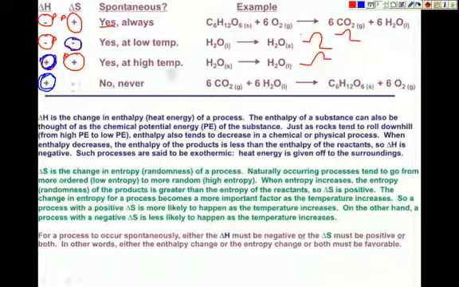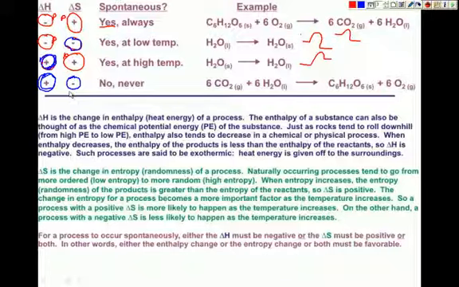And also, we have a gas and a liquid becoming a gas and a solid, and that means our randomness is not increasing, our randomness is decreasing. And so therefore, is this spontaneous? No. Everything is pushing here towards the reactant side.